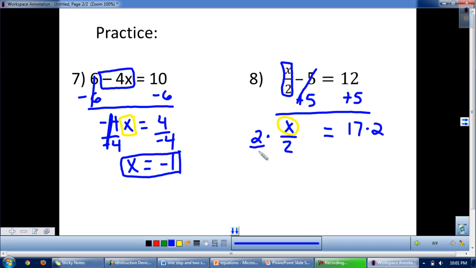To write it as a fraction, you just put 2 over 1. And when you multiply, you can cross simplify. So those two cancel out, leaving us with just x over 1, or just x, equals 17 times 2, doing that in my head, which is 34. Then our solution is x equal to 34.